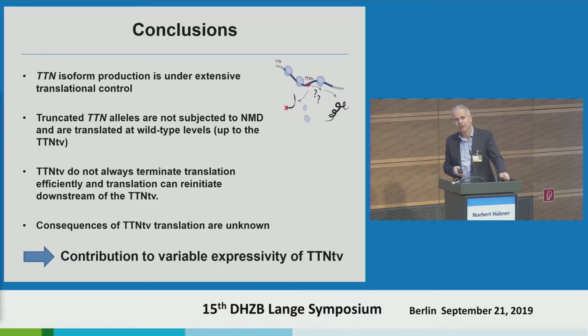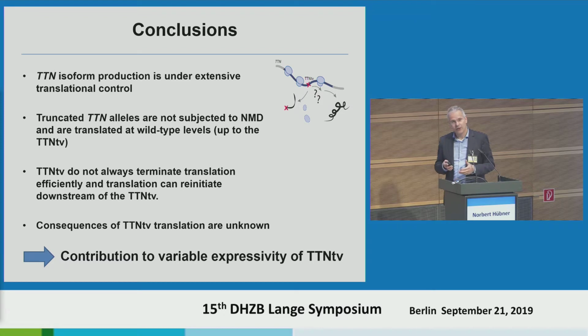That raises the question, what happens to the RNA and to translational events on the RNA, especially in such a large molecule as titin. Titin truncating variants do not always terminate translation efficiently, and the translation can reinitiate downstream of the titin truncating variants.